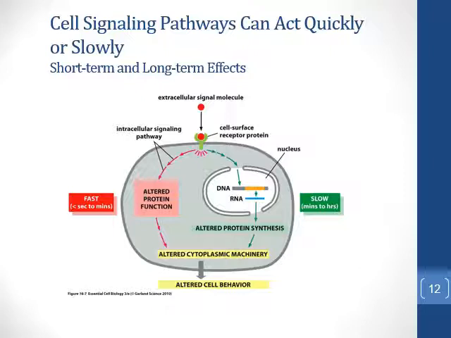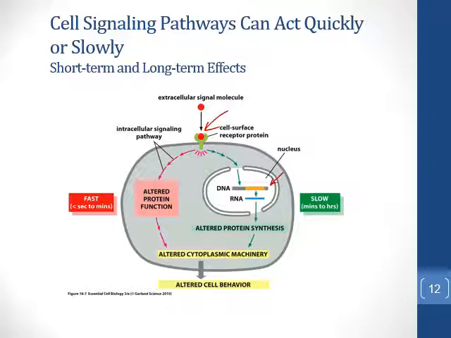Another general concept that we have to consider is how quickly or slowly these signaling pathways take to have their effect, and also whether you have long or short-term effects. Now, let's just think about a signaling molecule here that engages a receptor. That's what we've got going on here. Let's just say that this is going to activate some sort of transcription factor. So if it activates a transcription factor, we know that we're going to upregulate expression of this gene.